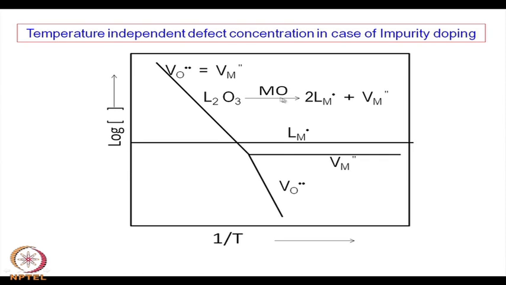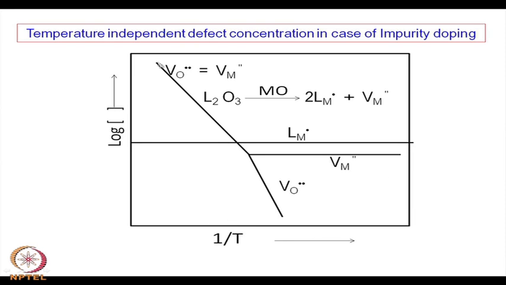Al2O3 has been added to MO, the original host oxide, that means this is trivalent, this is divalent. So, this is an effectively positive charge of the defect concentration, and that remains constant, independent of temperature.